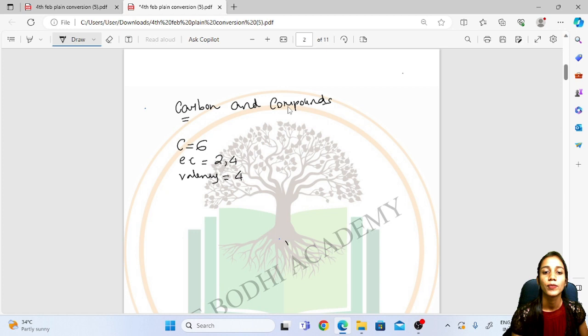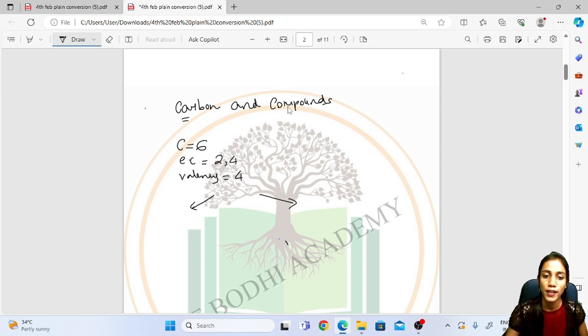That is a question. The carbon atom is very unique, because in this atom you can either add 4 electrons or remove 4 electrons. But what are the consequences in both cases?